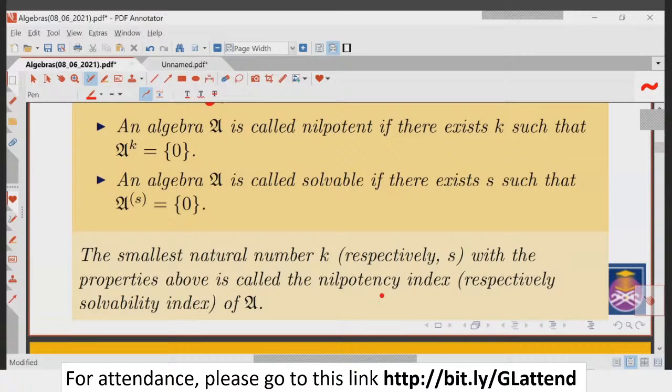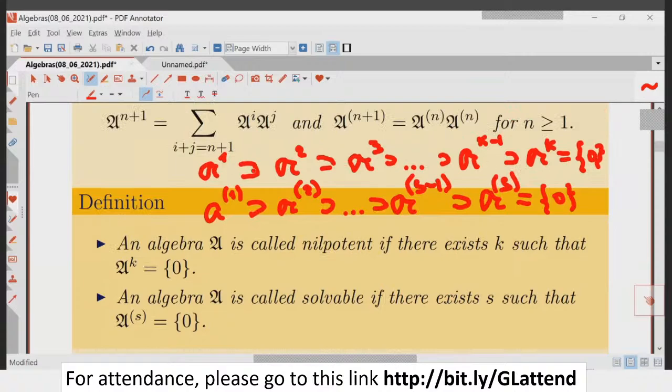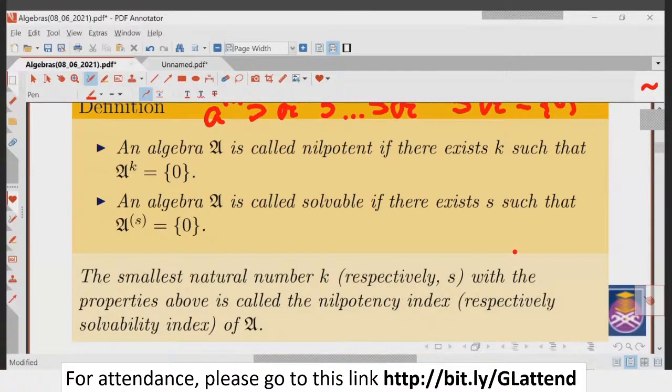solubility index. So that means all previous are non-zero. Only this one, a to the k, is 0. A to the k minus 1, k minus 2, etc. are not 0. So the last nonzero one, you will pick up this k; we call that the index of nilpotency. Here also S is called the index of solvability.